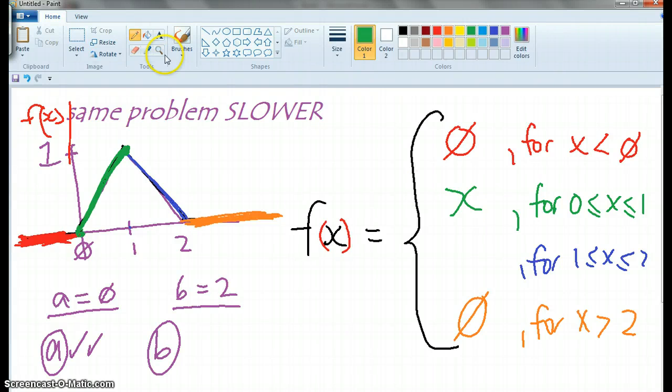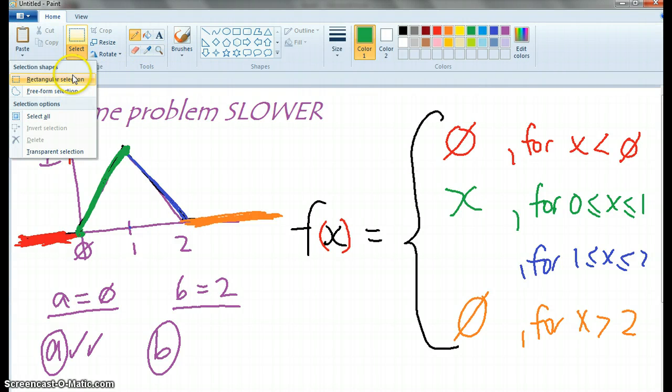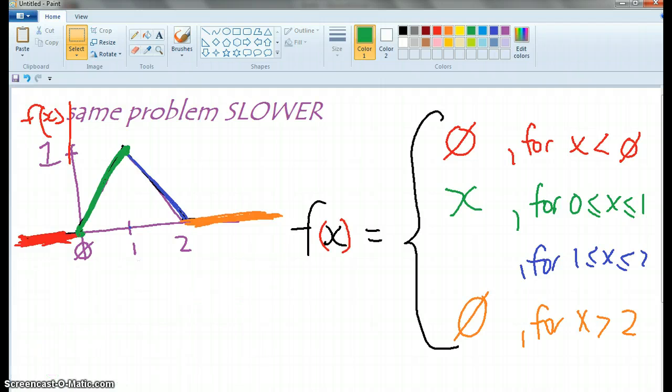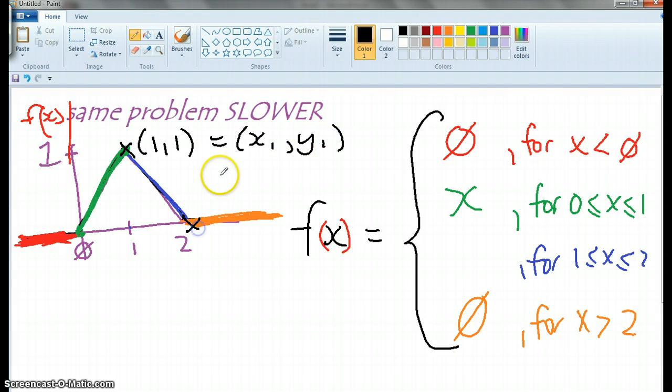So now we've just got the one last tricky one, which I showed you before using these rules. So with these rules, I'm going to call that one there 1, 1, and that's going to be my x1, y1, and this one here is 2, 0, and that's going to be x2, y2. Is that okay?